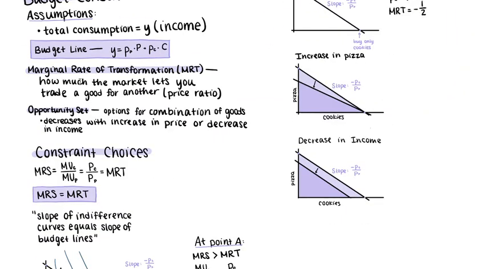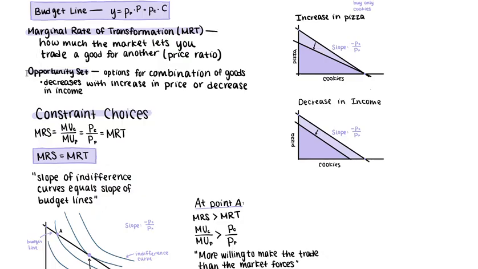That's the difference. Okay. So the opportunity set is the options for combinations of goods, just like a bundle, and it decreases with an increase in price or a decrease in income.